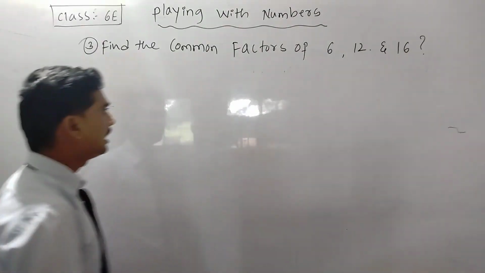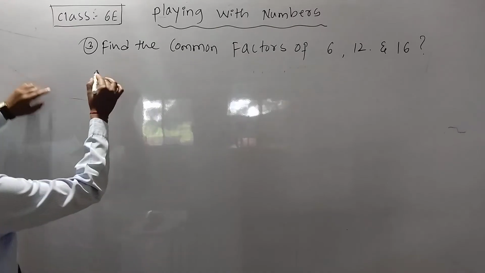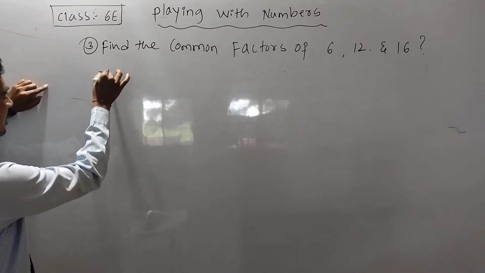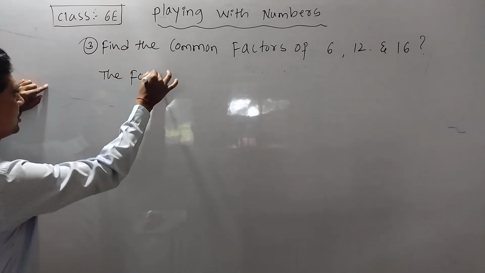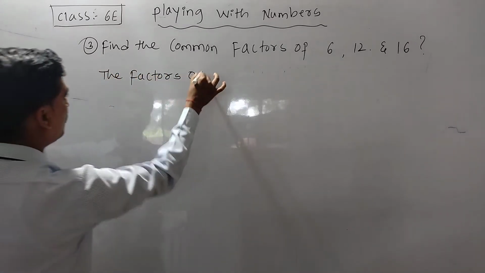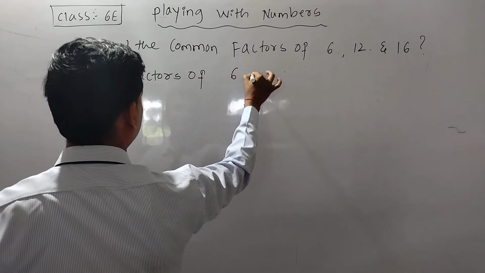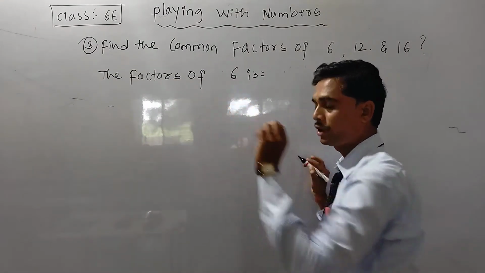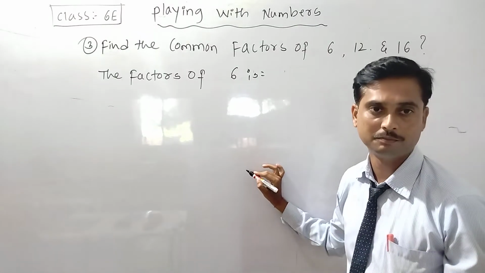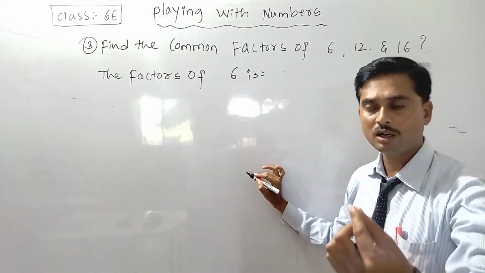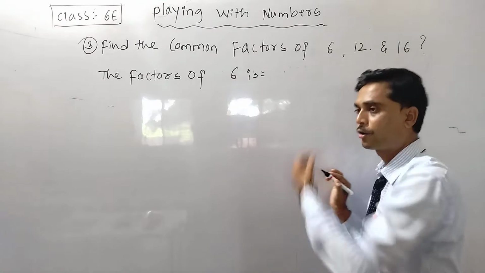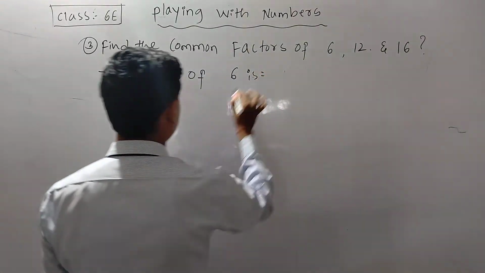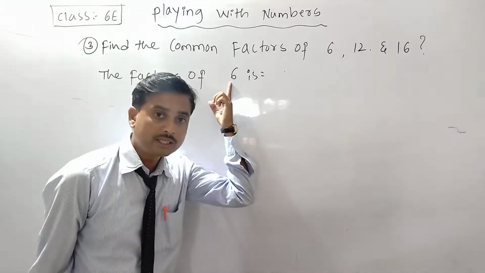Okay, then first of all you should write here the factors of 6. First you have to find them by divisibility. Okay, one by one you should find the factors. Then, 6 has which table?